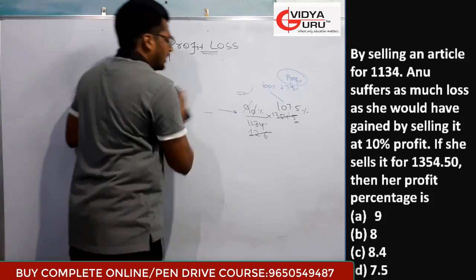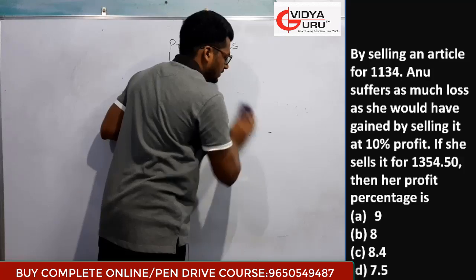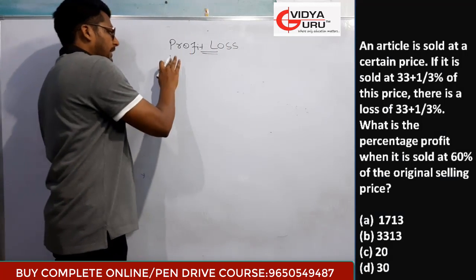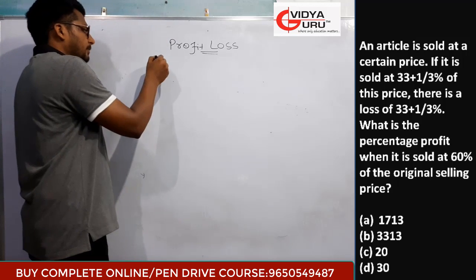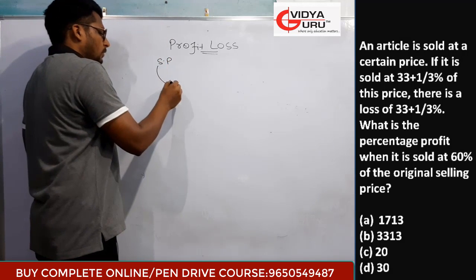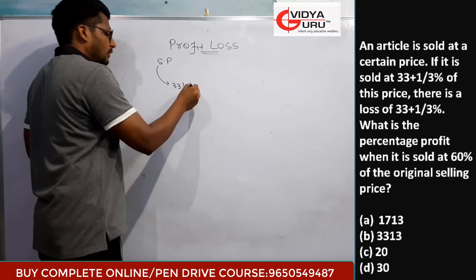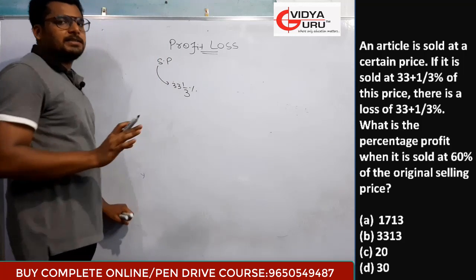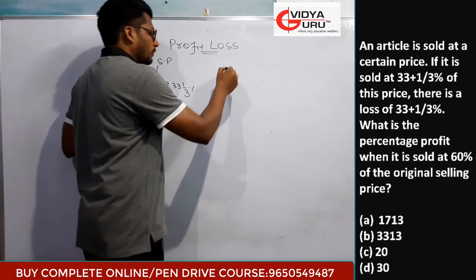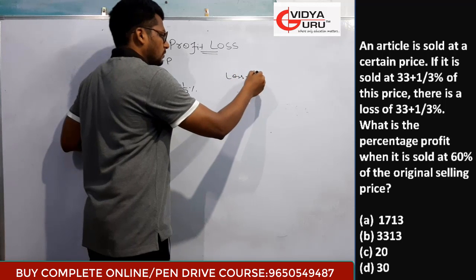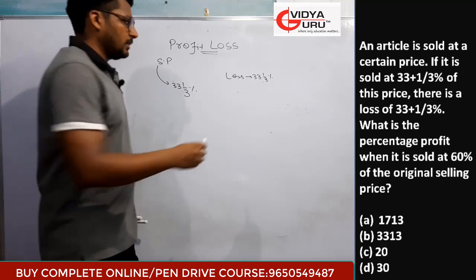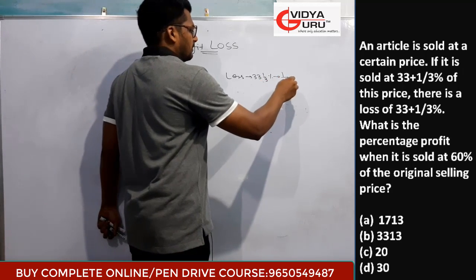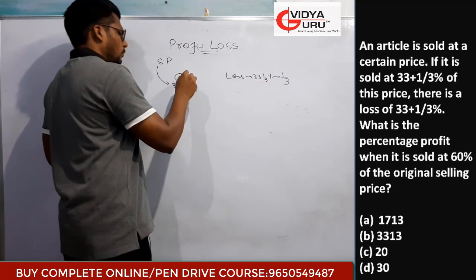So coming on to our question number 3. The question is saying an article is sold at a certain price. If it is sold at 33 and 1/3% of that price, we don't know what the price is, then there is a loss of 33 and 1/3%. If I convert this into a fraction, this will be 1/3 and this will also be 1/3.